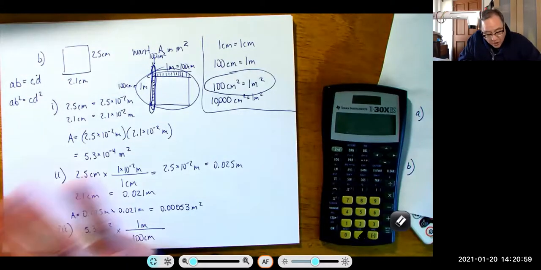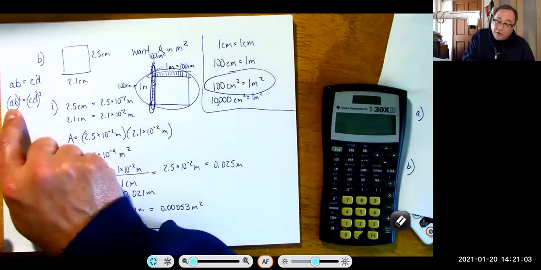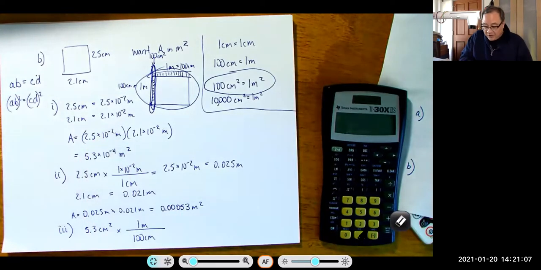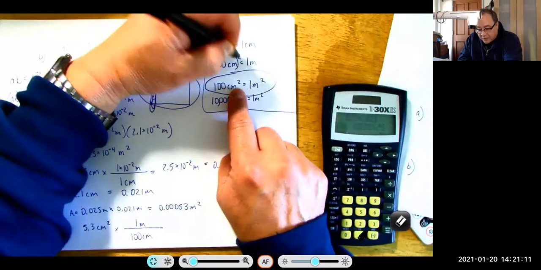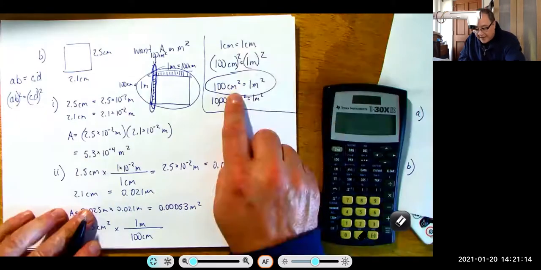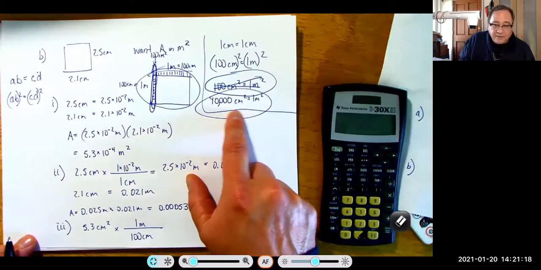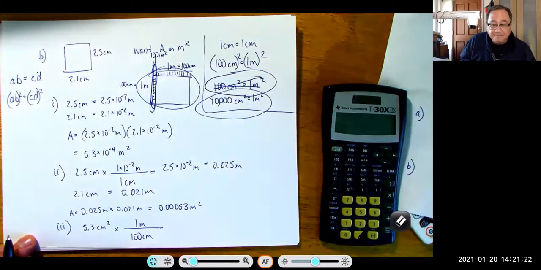No. Are we allowed to square the whole side and the whole side and say it's okay? Yeah. So here, if I square the whole side and square the whole side, I end up getting 10,000 centimeters squared is 1 meter squared.